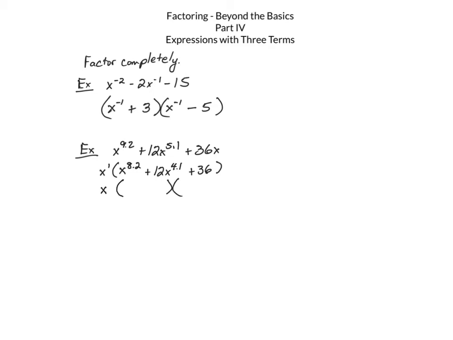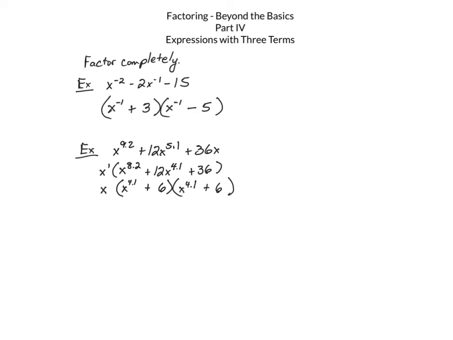So we can factor it the same way we did the previous few. We're setting up our parentheses. And in the first spot, I will have x to the 4.1 power. And for my last term, I have to split up 36, but it's not too bad since I need that 12 in the middle. So I'm going to use a 6 and a 6 and a plus on both.